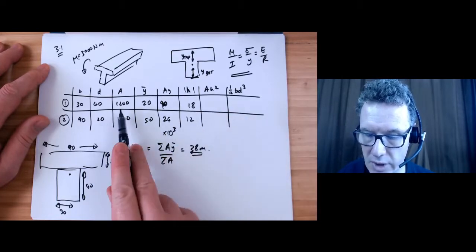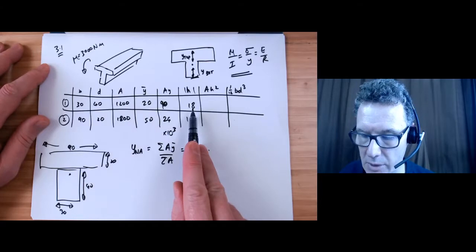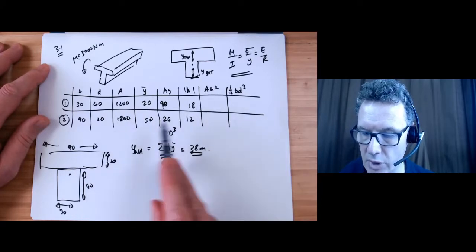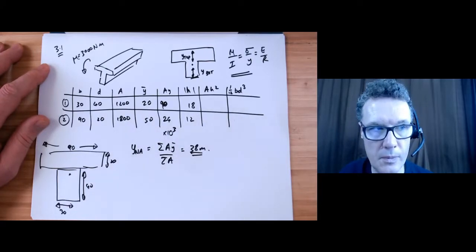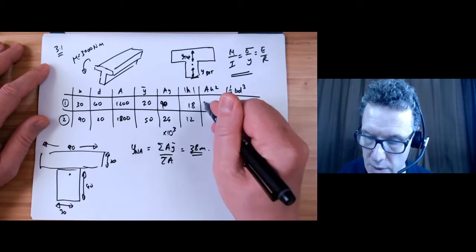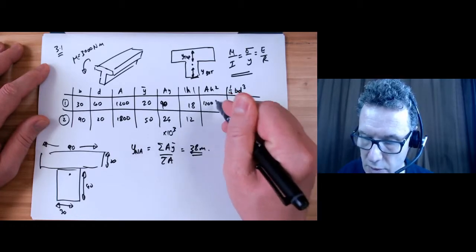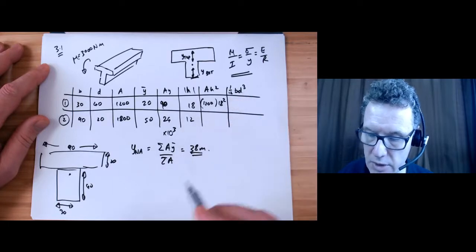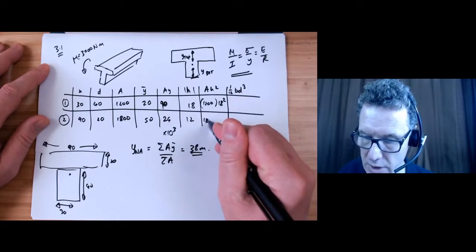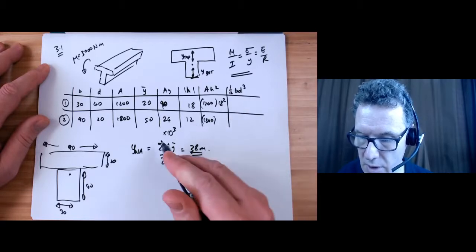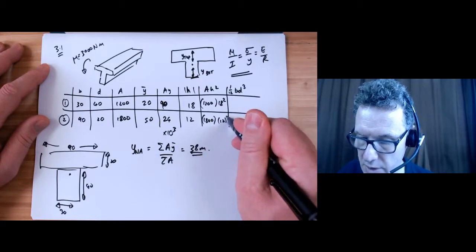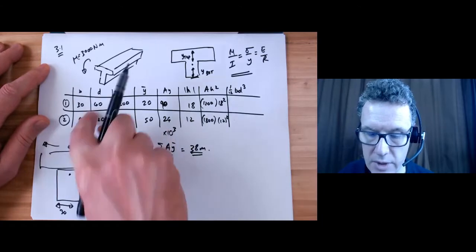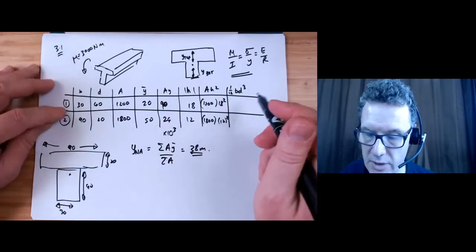Now I've got the area h squared, so I can fill in this box. So 1200. My h is 18 squared there, 1800, and my h is going to be 12 squared.